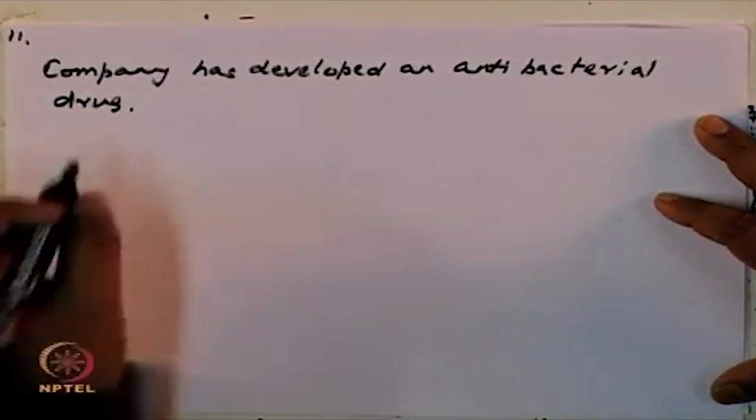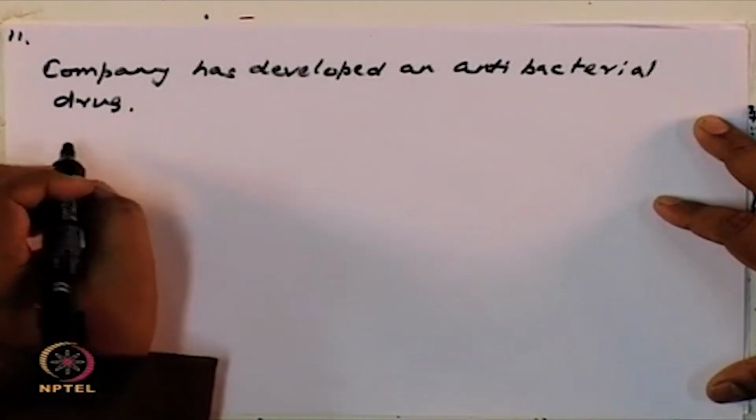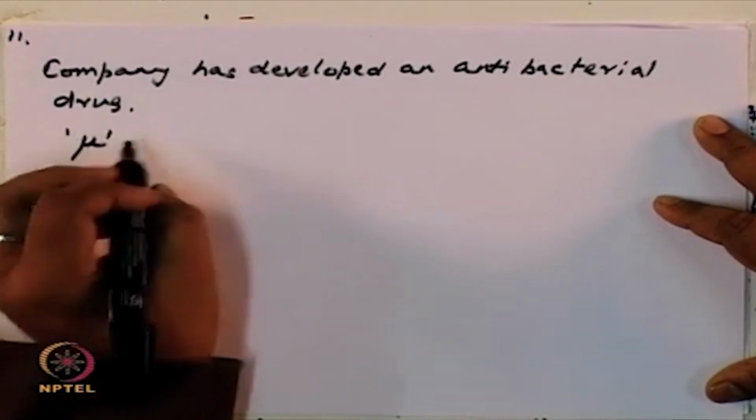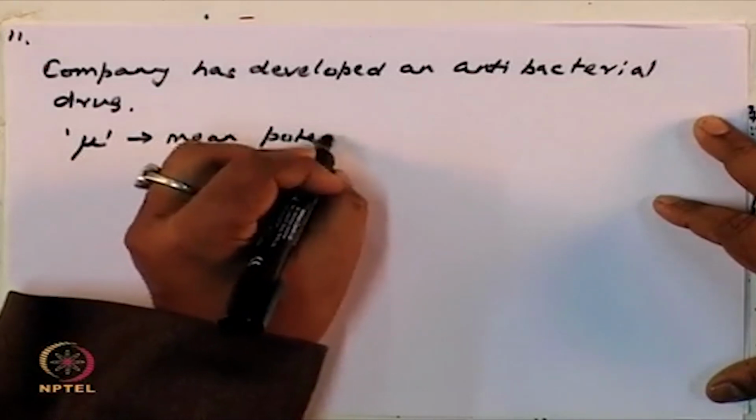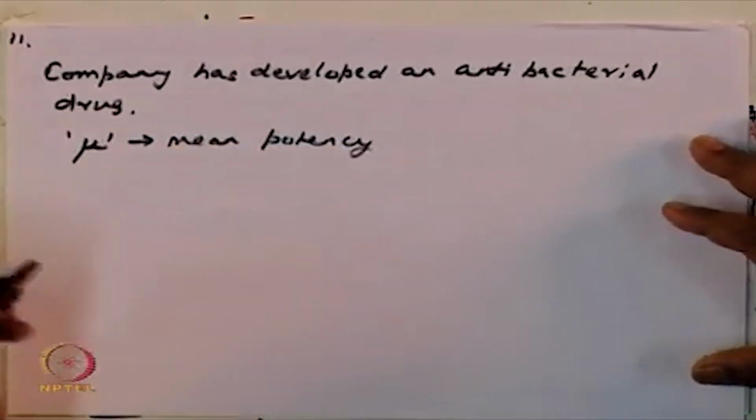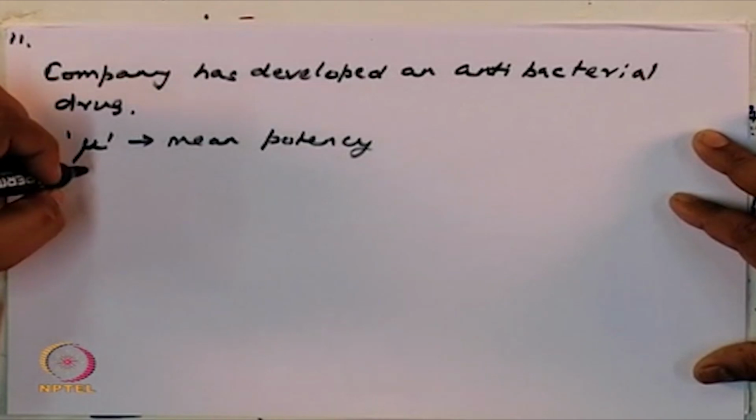For this drug the company can go ahead and find out what is its mean potency. This is the mean potency of the drug, and the company needs to know whether this mean potency is acceptable as per government norms.